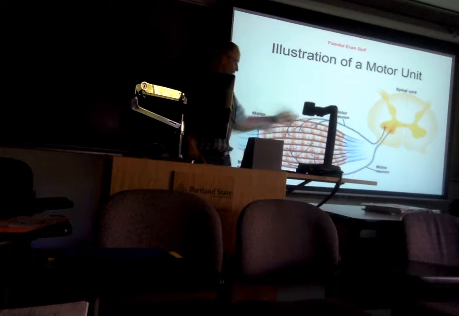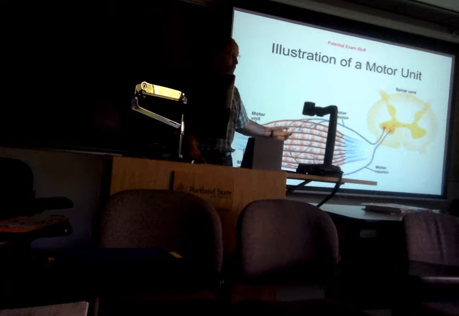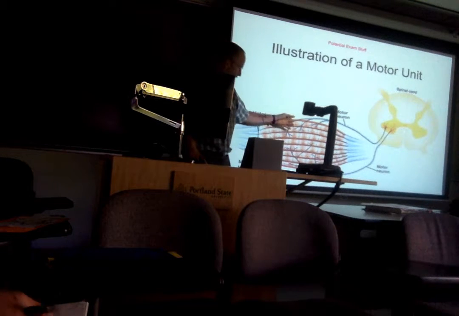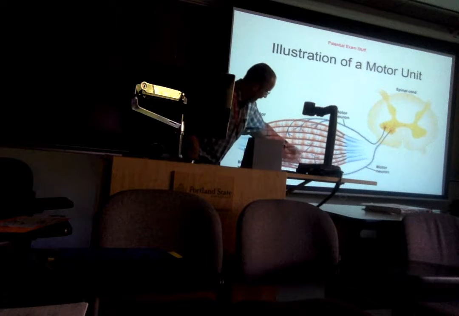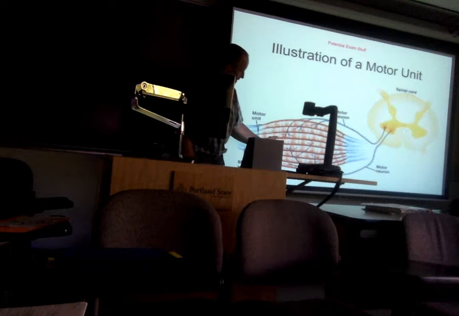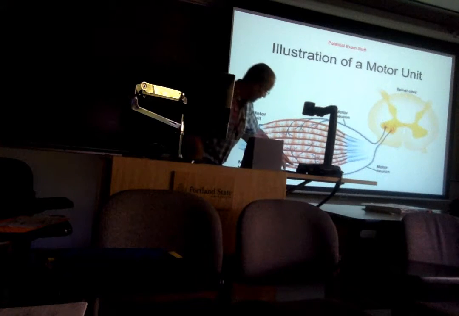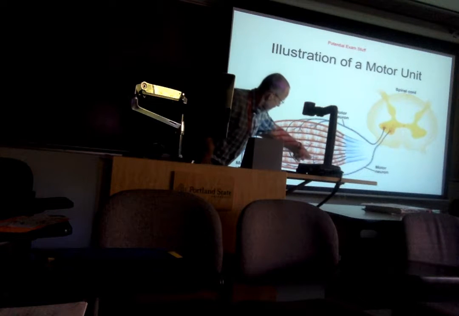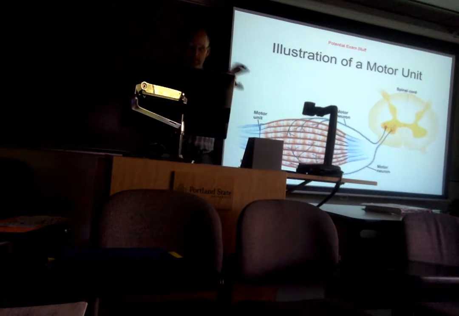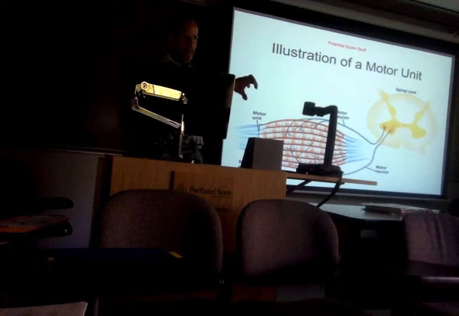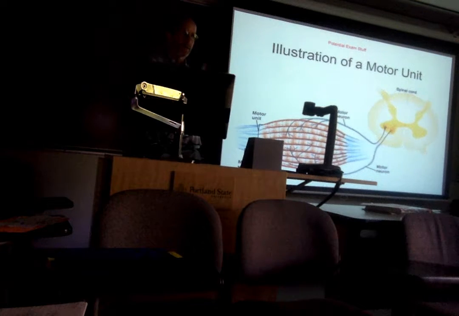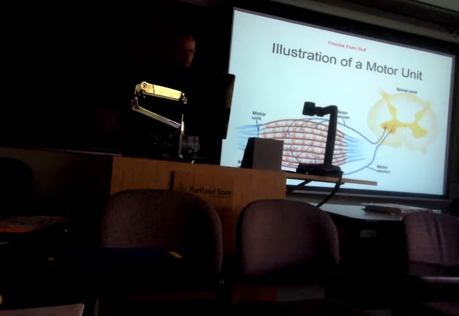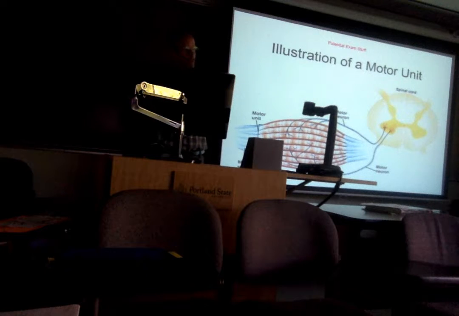It's going to be all slow twitch, if they're slow twitch, or all fast twitch. This has 5 muscle fibers, but all of them are going to be the same fiber type, whatever motor input's going in. So that's why we're talking about motor units, so it's either a fast twitch motor unit or a slow twitch motor unit, even though we talk about fast twitch fibers and slow twitch fibers.